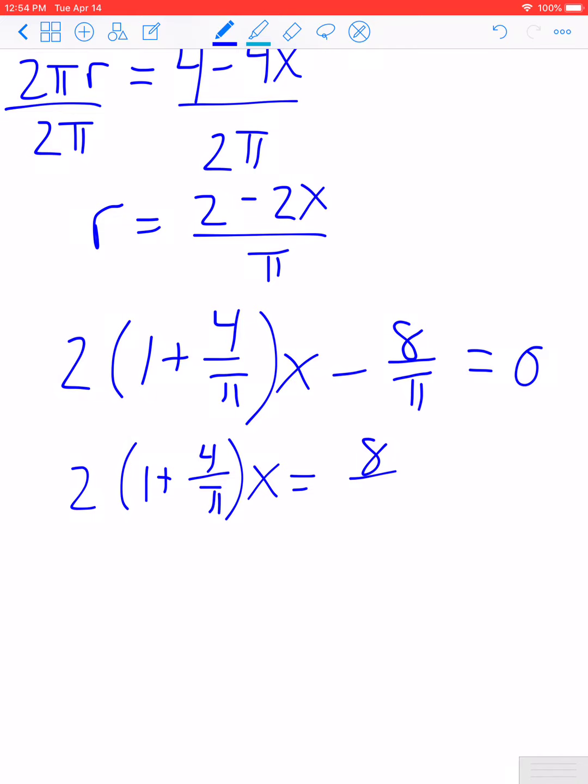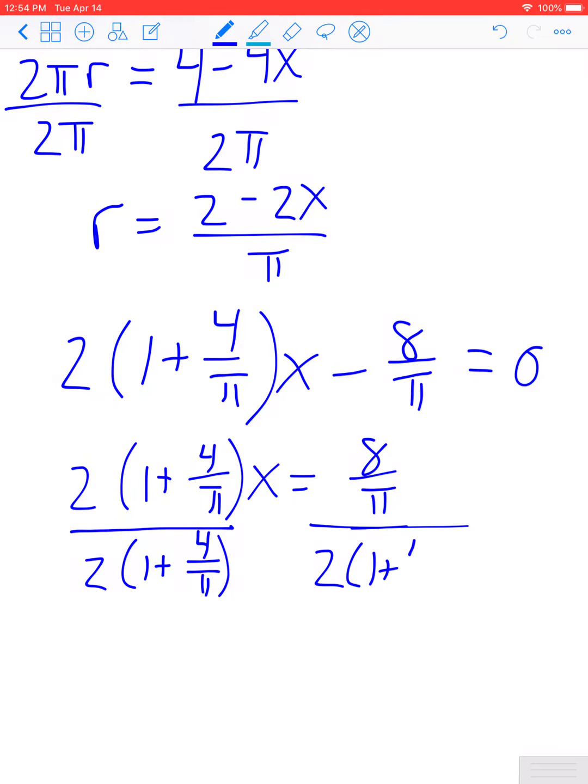This would give us 8/π. We can now divide both sides by this constant to get the x by itself. Divide by 2 times (1 + 4/π).